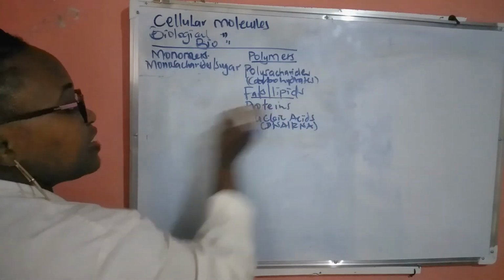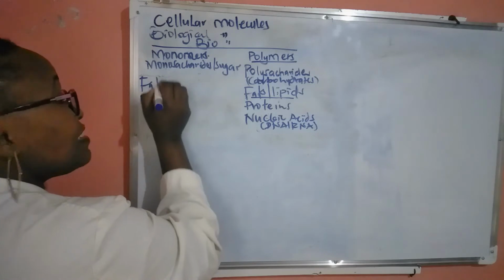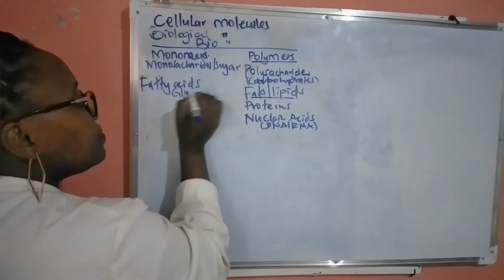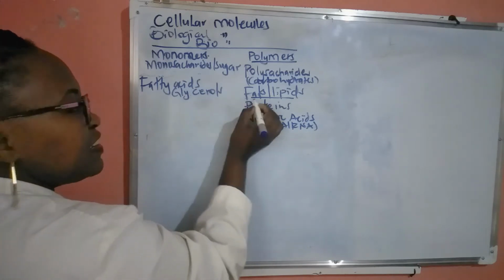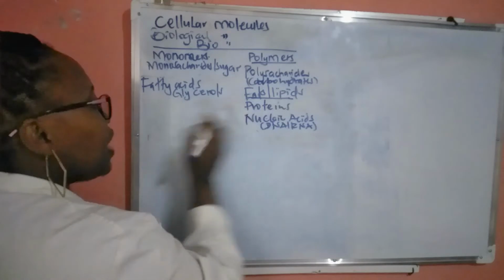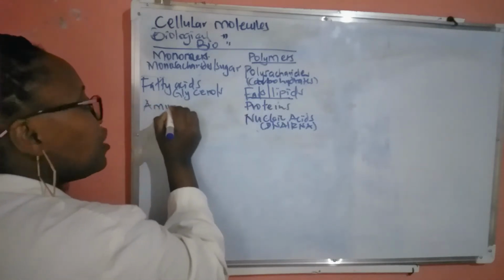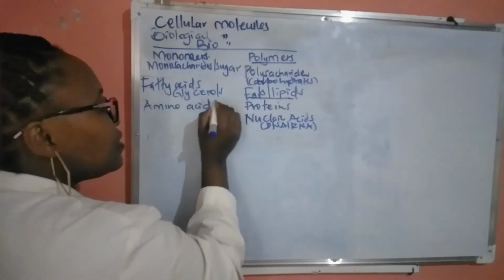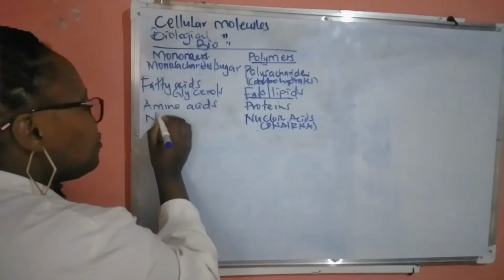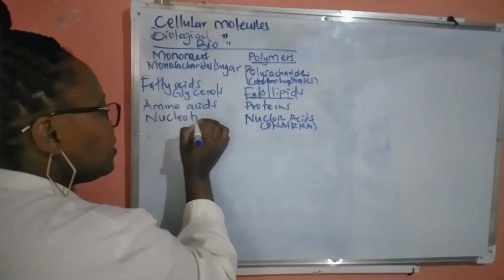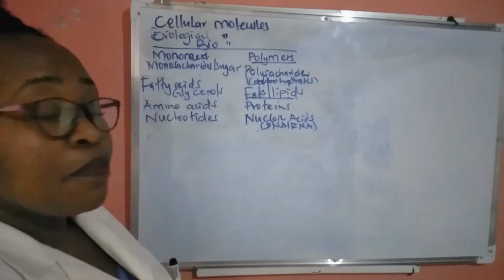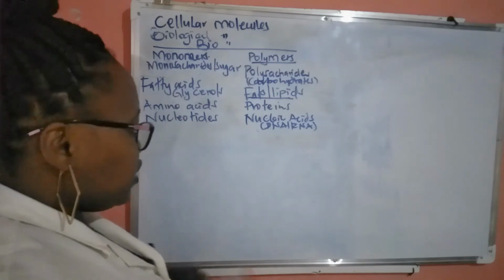We have fats and lipids made from fatty acids and glycerol. Fatty acids are important for making membranes of the cells. Proteins are made up from amino acids, and nucleic acids are made up from nucleotides. So these are the 4 main families that form our biological molecules.